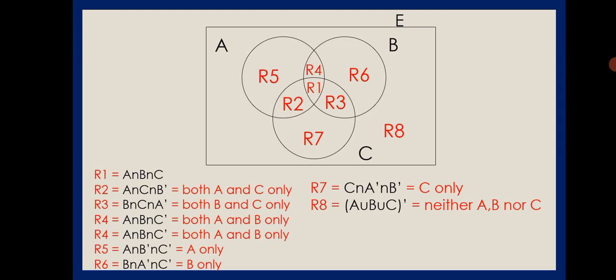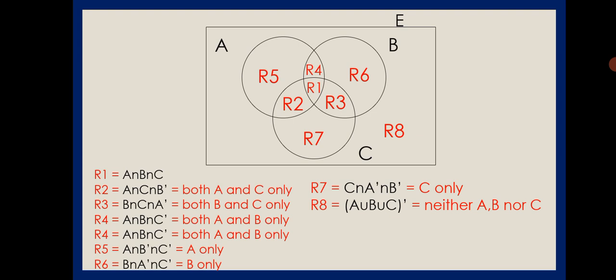Let's enroll. R1, that's region 1, is equal to A intersection B intersection C. R2, A intersection C intersection B complement, meaning both A and C only. So for region 2, we need members or elements that belong to both A and C only.